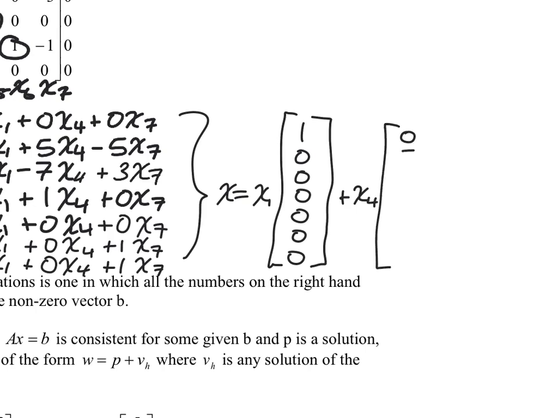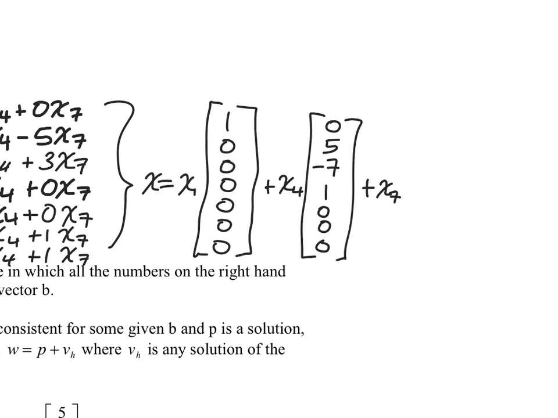So 0, 5, negative 7, 1, 0, 0, 0. X 7. Then we have all this.